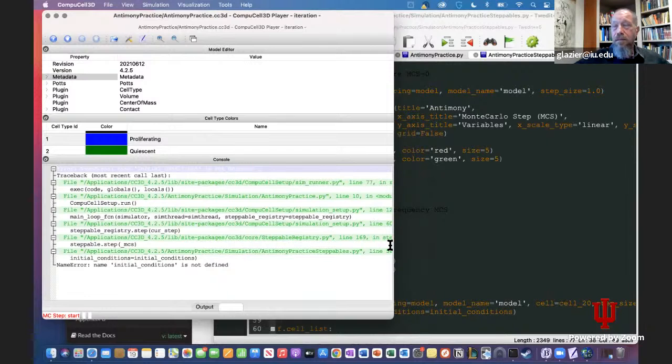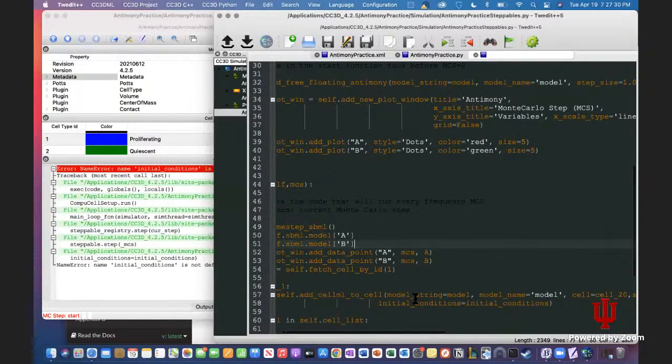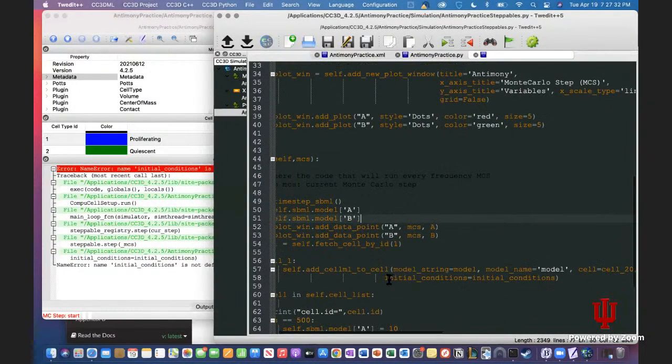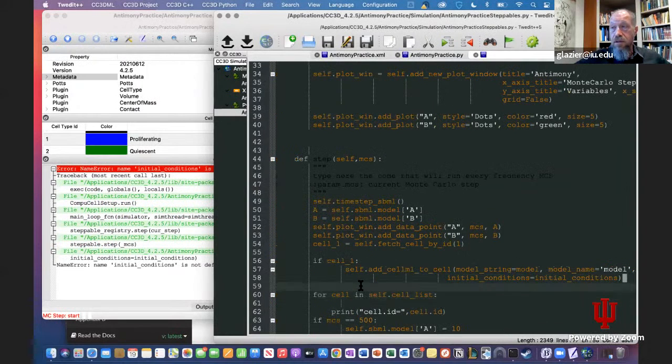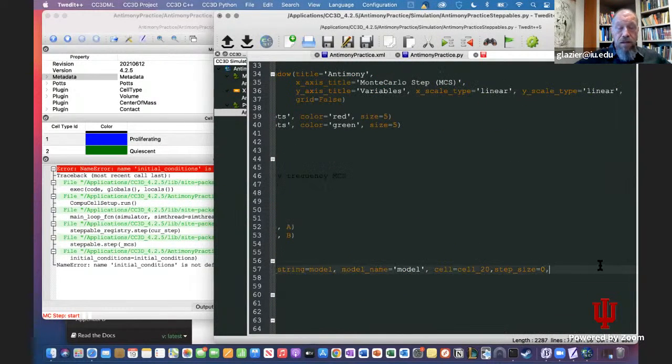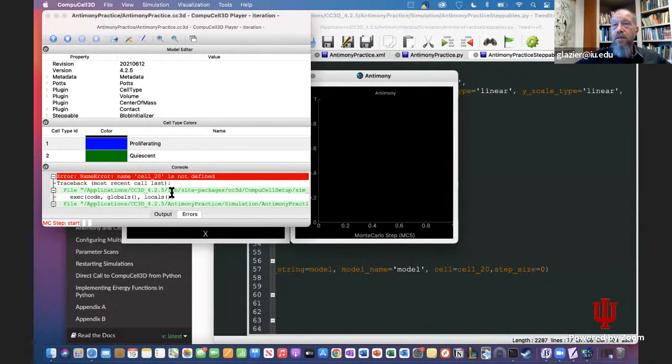Ah. Okay, so you've used the initial conditions option when you loaded the model. But you don't need that. That's optional. But if you ask for it, you have to specify it. So I would just eliminate that initial conditions equals initial conditions, because you're not overwriting. That's to overwrite the parameter values in the original model specification string. So try that now.